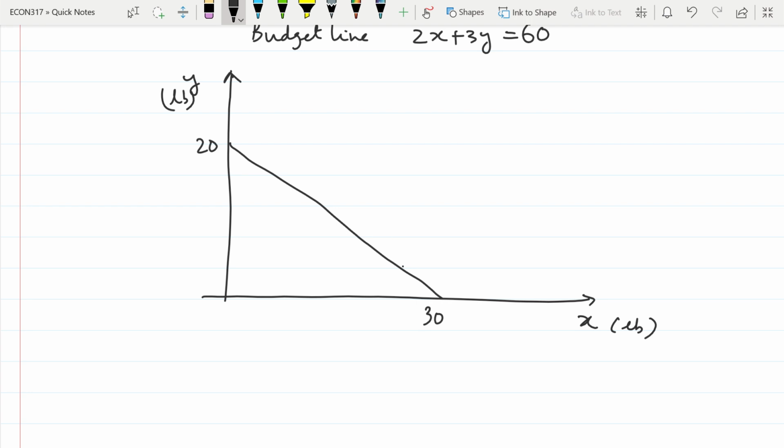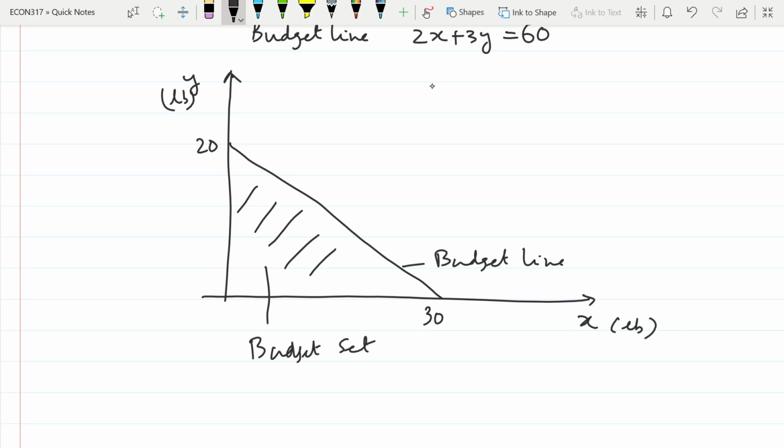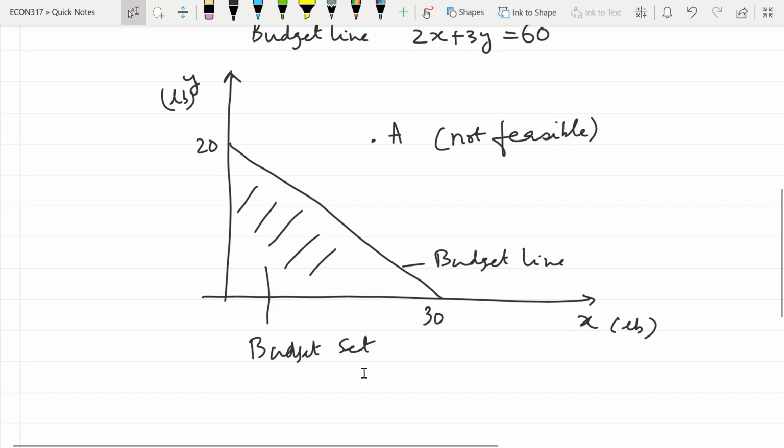So this is the budget line. And all the points inside, these are all points which are feasible. We'll call this entire collection, the triangular area, the budget set. If I choose a point somewhere here, let's say this point A, this is not feasible given the money and the prices.